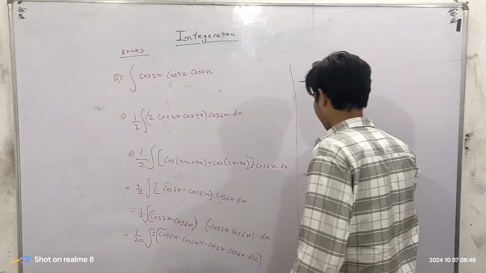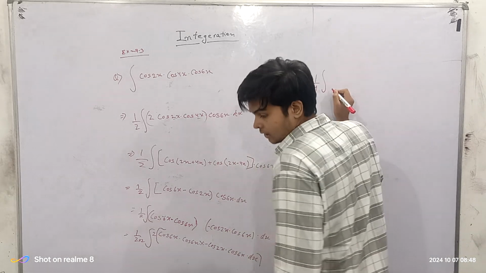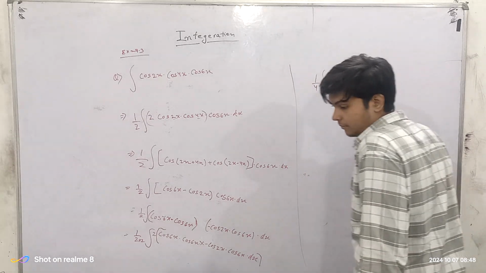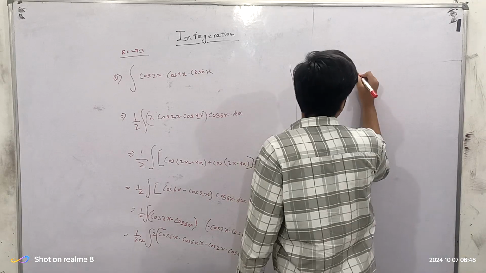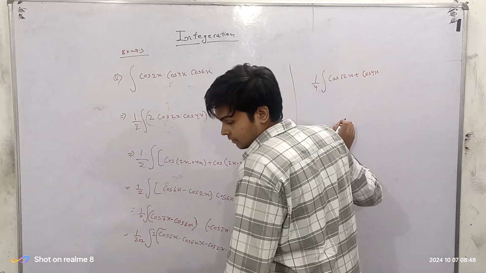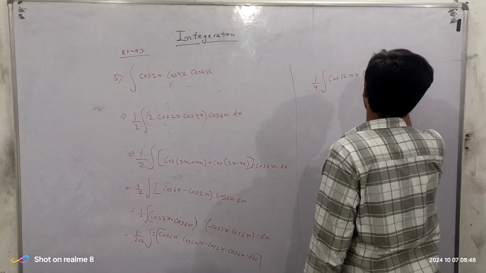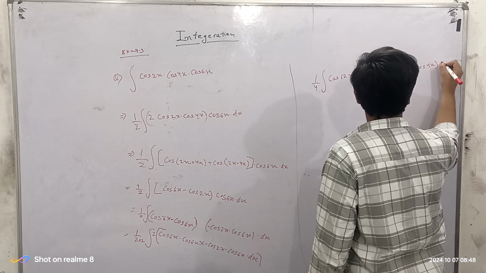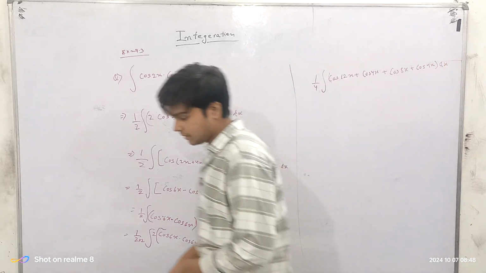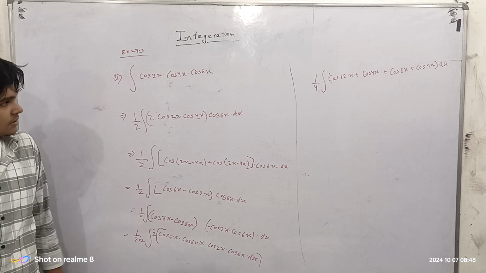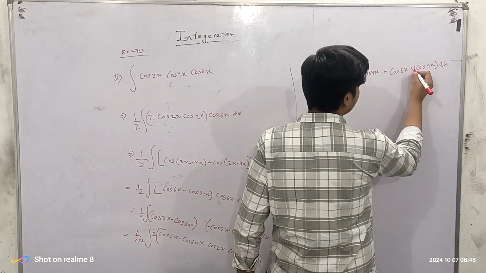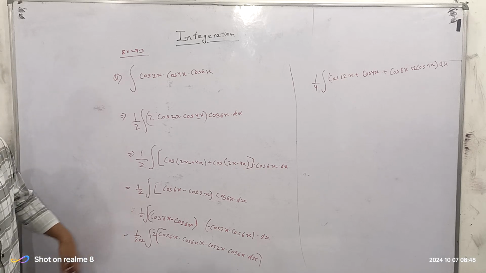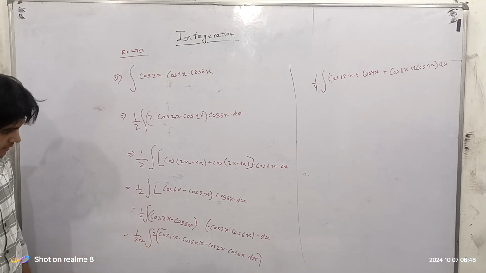This will be like this: 1 by 4 integration of cos 12x plus cos 0 plus cos 8x plus cos 4x dx. This will become cos 12x plus cos 8x plus 2 cos 4x. It is solved here like this.